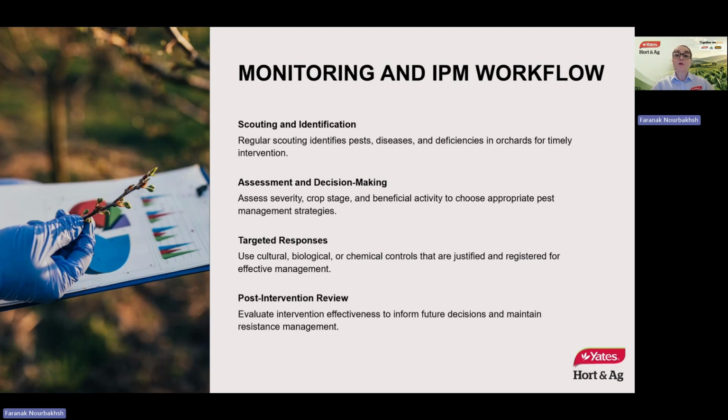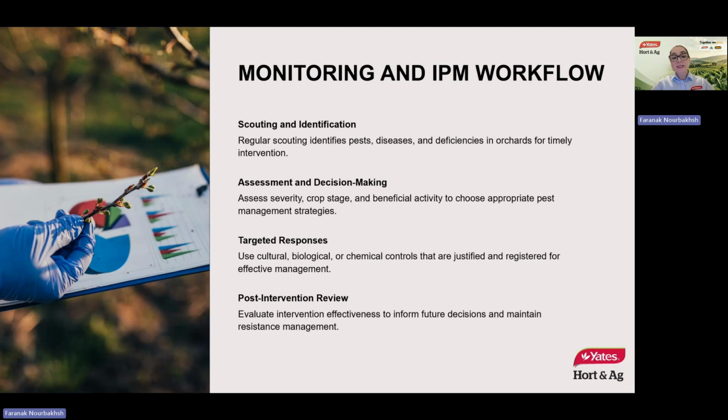We need to have an IPM workflow in place to use a holistic approach, using cultural, biological, and chemical control together. And we need to consider using chemicals only when the assessment of economic damage justifies using them.